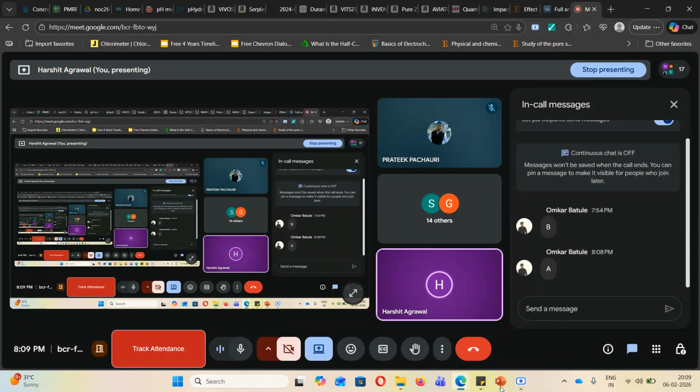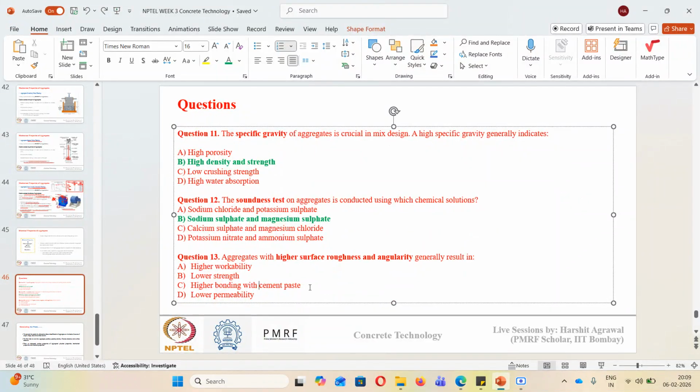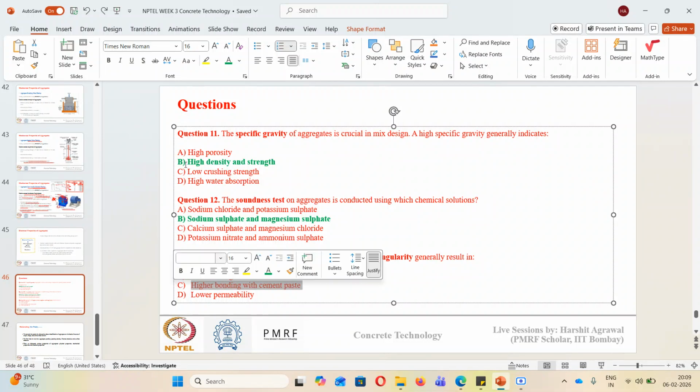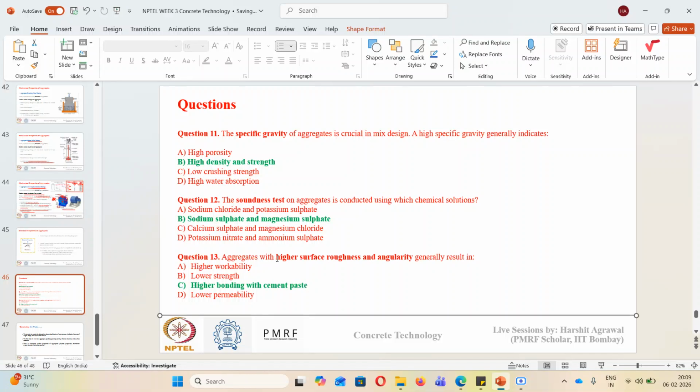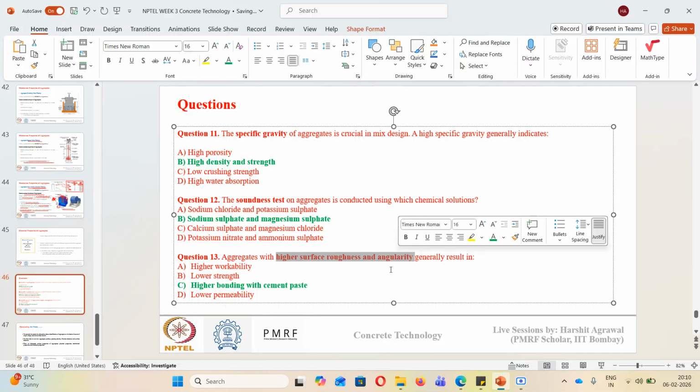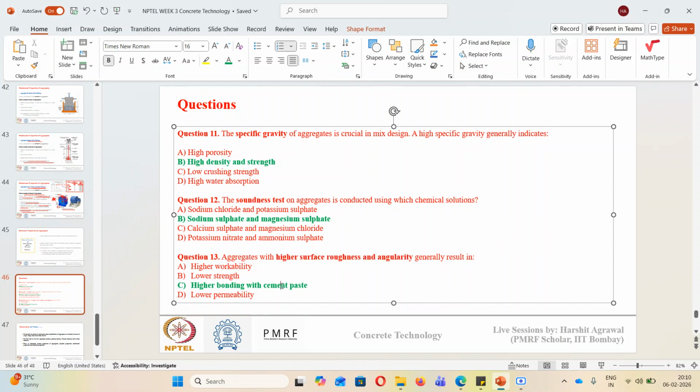The answer will be C. When I talk about angularity, aggregates will interlock with each other, and high surface roughness means they will have very good bond with cement paste. Overall these two things will ensure that aggregate packing is high and their interaction with cement paste is also high, so they will have high bonding with cement paste. And they will give rise to high strength concrete.